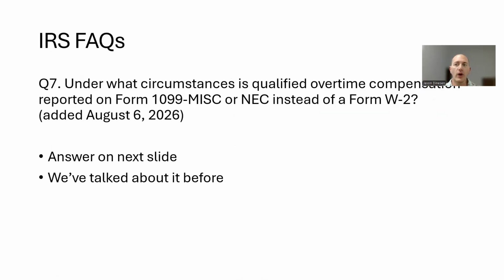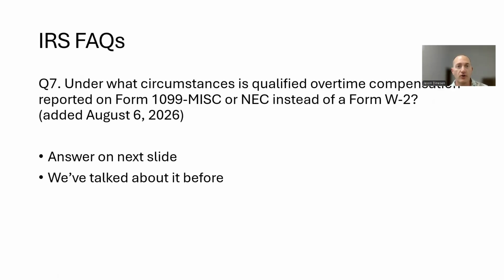So here's what the question is: under what circumstances is qualified overtime compensation reported on a 1099 miscellaneous or NEC instead of a Form W-2? That's the question that the IRS answers. We'll get to the answer in just a second.